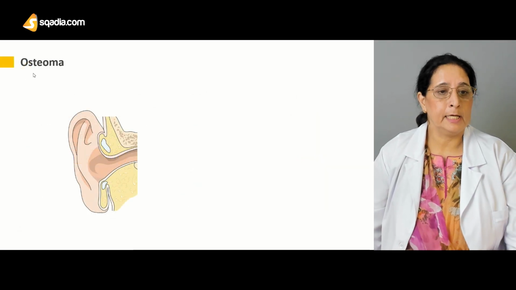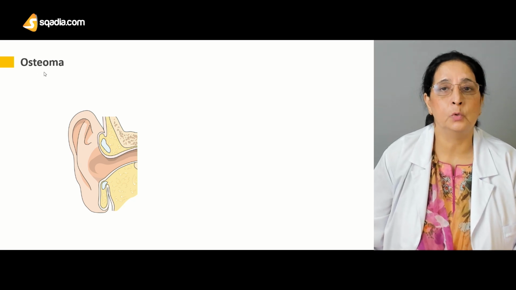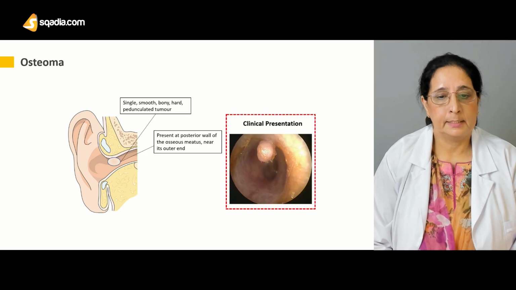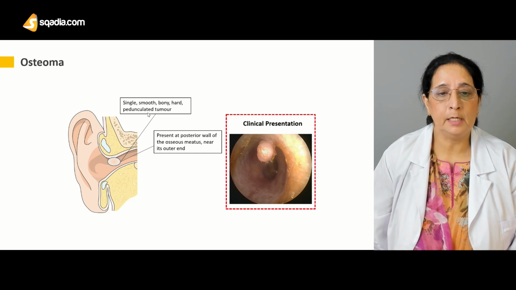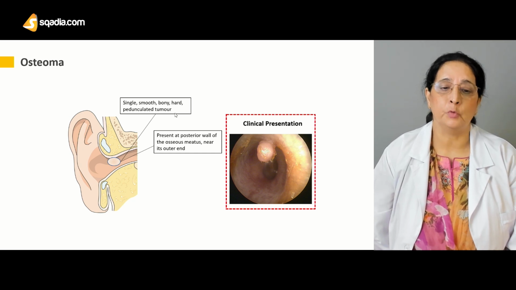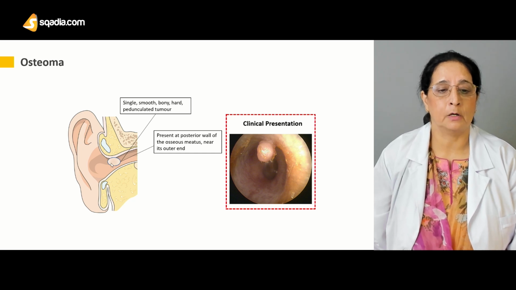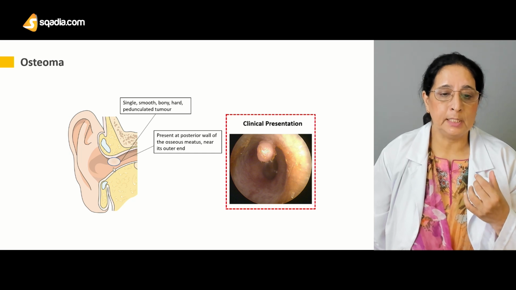The first benign tumor of the auditory canal is the osteoma. This osteoma is a single, smooth, bony, hard, pedunculated tumor. Here is the site of origin of the osteoma. It's usually single, and you see it has a very smooth surface.